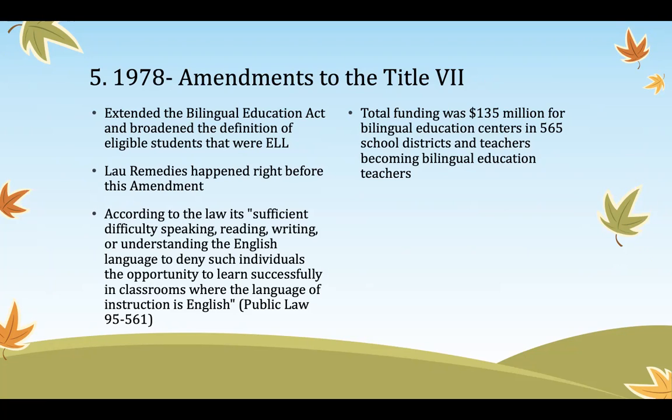Total funding was $135 million for bilingual education centers and 565 different school districts, and for teachers becoming bilingual education teachers. They promoted training and helping new teachers become bilingual education teachers, and even helped fund programs for 565 school districts, which is awesome. I feel like this amendment was one giant step in the right direction by broadening it and helping fund the programs.